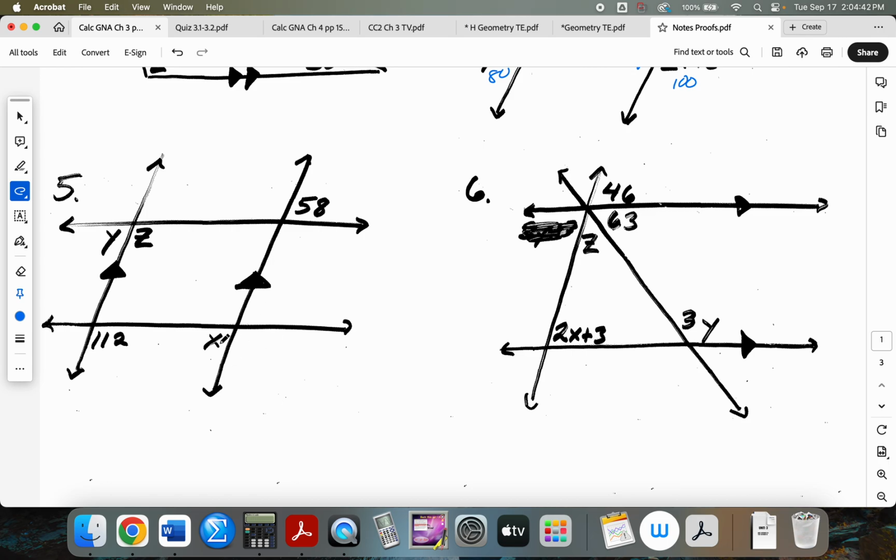We do want to cross the parallel lines though. So we want to go this way. What kind of angles are the x and the 112? Same side interior, so they are supplementary. So I'll just take 180 minus 112 is 68.